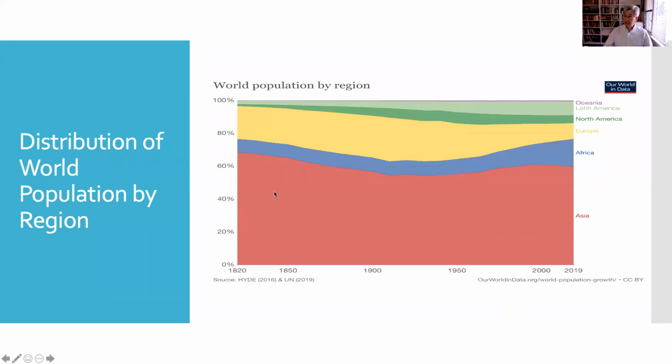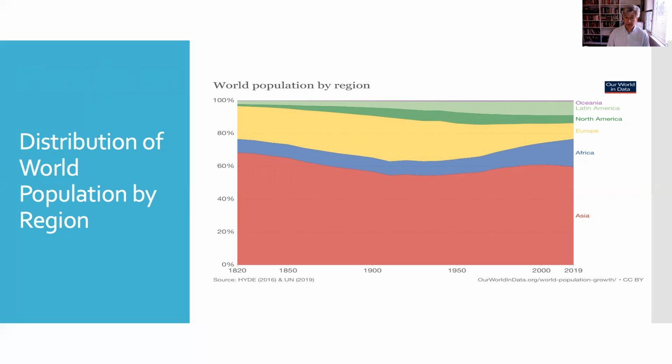So again, going back to the last lecture, we saw this slide, the distribution of world population by region. We noted in the last lecture that Asia has largely accounted for 60% of the global population for a very, very long time. But as we can see, the other regions have shifted. Certainly the ones to highlight here are South America and North America, which grew from very tiny populations to compose now somewhere probably between 7 to 10% of the global population.